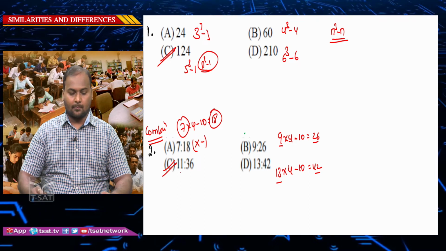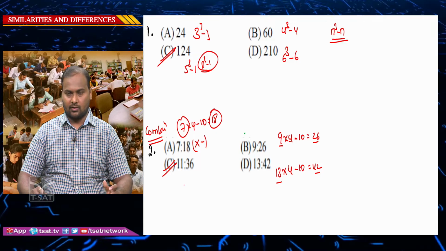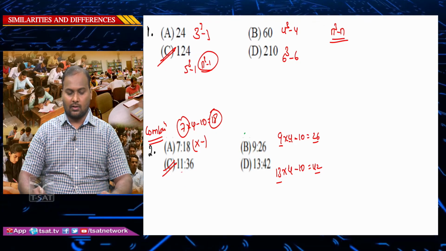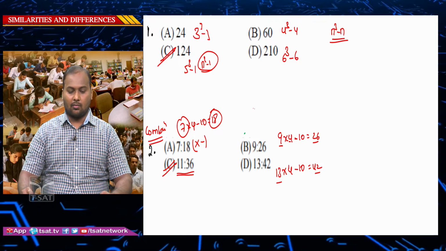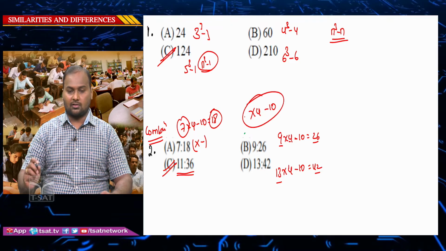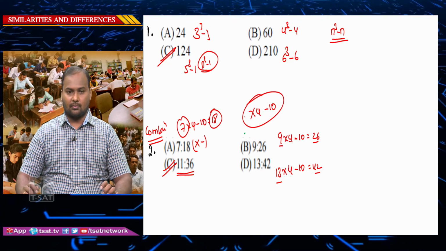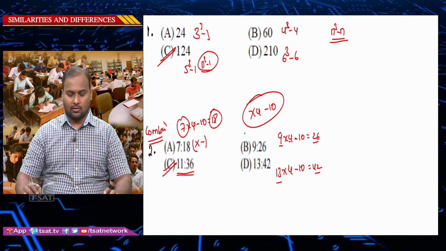Option C. Why? It is also multiplication, but it is not minus 10, it is only minus 8. So the common logic is multiplying by 4 and subtracting 10, which is similar for options A, B and D. So our answer is option C.